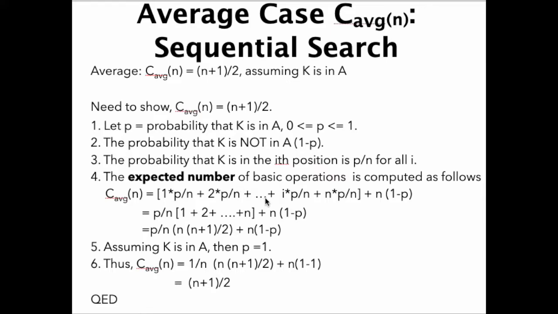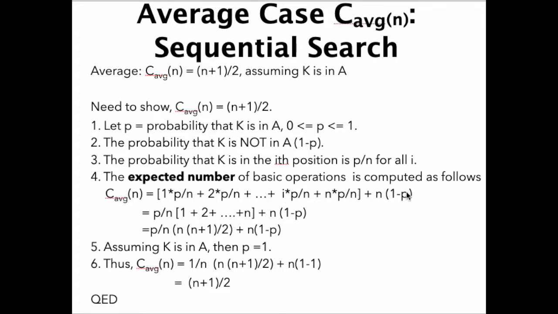If it's in the third, we have three and so on. So that's i times the probability that it's in that position. And this is the case wherein we have n comparisons nasa last position. Okay? And if wala siya sa A, we have this. So we have n comparisons pa rin for the probability that K is not in A.